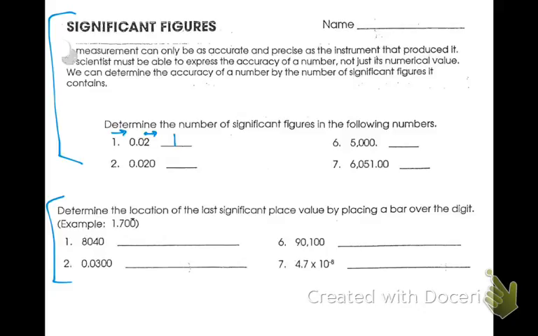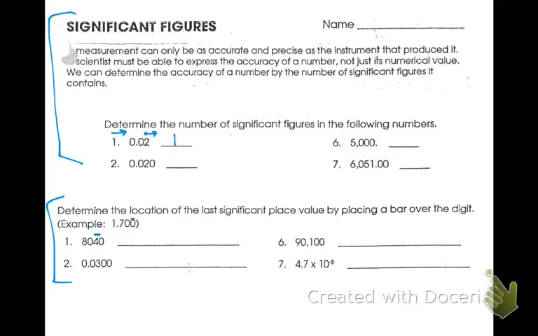Taking a look at the bottom portion, though, it says, determine the location of the last significant place value by placing a bar over the digit. For example, it's 1.700, so they place the bar over that last one. So the last significant one. Okay, so 804, the last significant place value would be the 4.